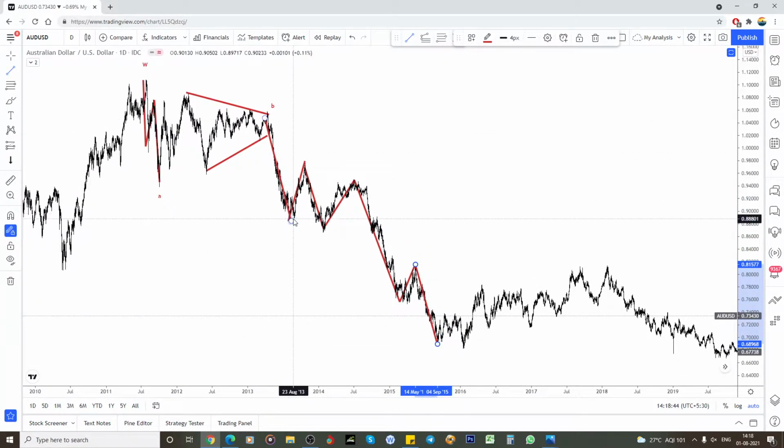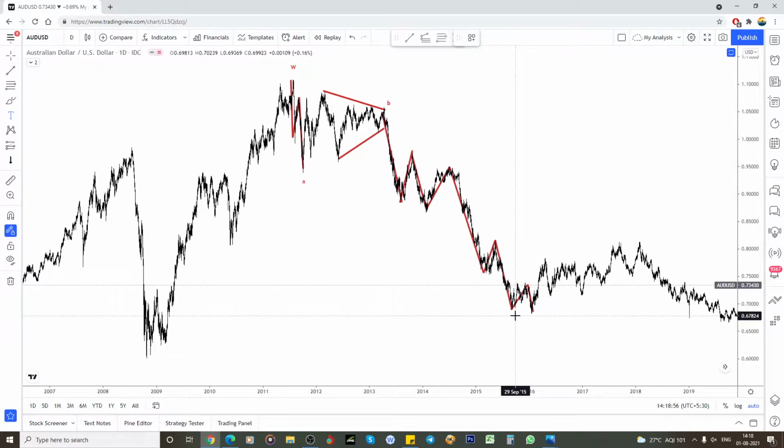For this wave 1, this is wave 2, this is the end of 3, 4 and 5 got completed. So this A, B and C, so this is the end of the trend. You need to understand clearly, otherwise you may get confused. See, if this is the trend, it means the end of the trend, right?